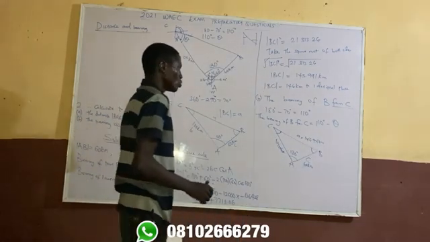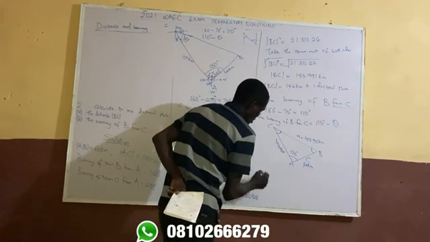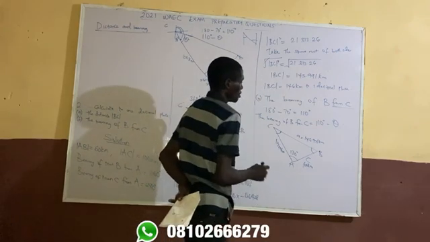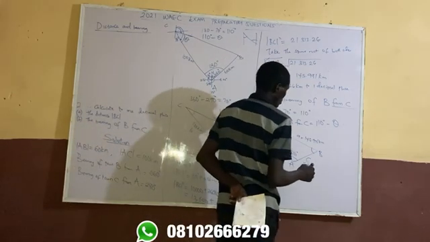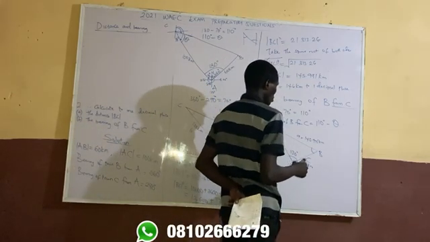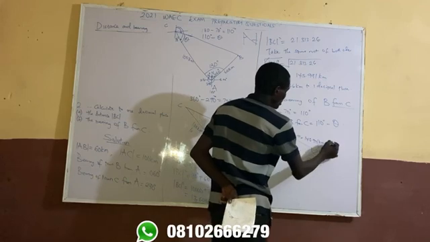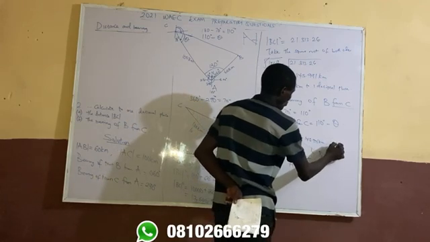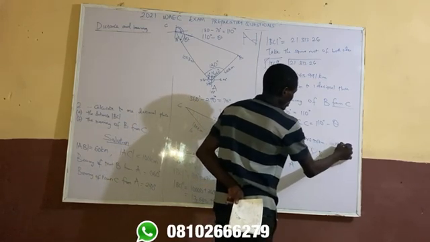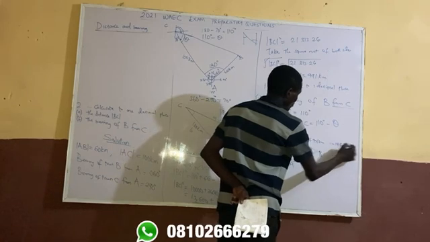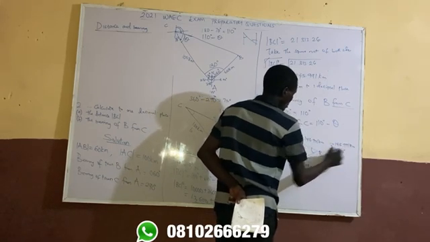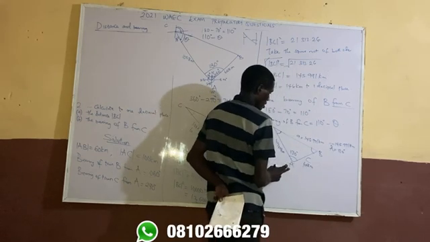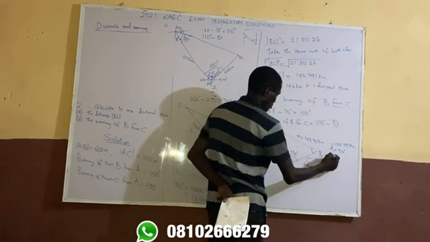So to calculate this, we have something called the sine rule. We have to list out the parameters, and then we apply the sine rule. Side A is 145.991 kilometers, and the angle here is 130 degrees.